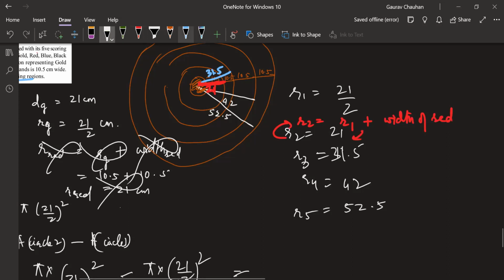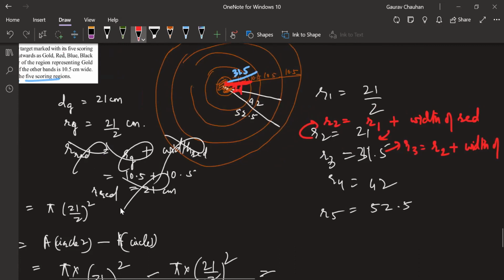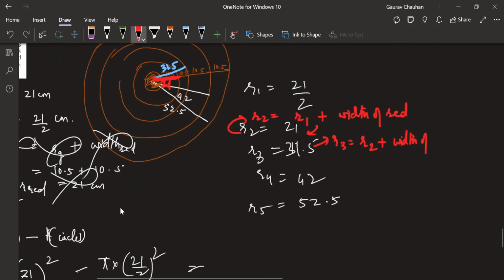Same way, before you write this, you can write R3 is equal to R2 plus width of blue region. Following this, Tulsi? How am I getting R3? This is R2 plus width of blue region. Okay with this, Shilpiya?